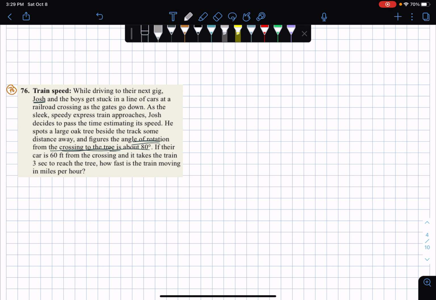So let's say this is where Josh's car is at. This is the traffic. This is the railroad track, the crossing. This is actually where the crossing is, over here. But this is the railroad tracks.